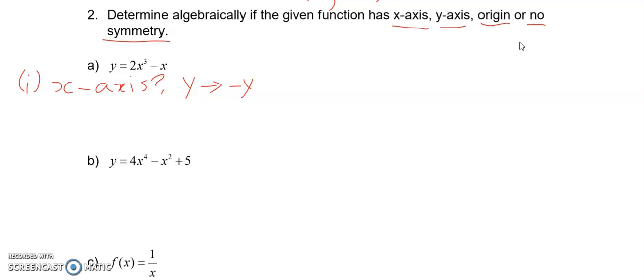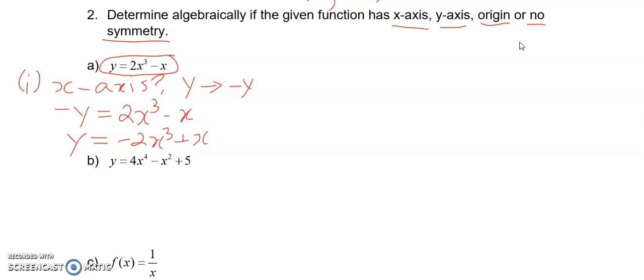Well, let me see. If I take that equation and I replace the y with -y, that becomes -y is equal to 2x cubed minus x. Now, of course, you wouldn't leave the negative in front of the y. Multiply both sides by -1, and look at what you get. -2x cubed plus x.